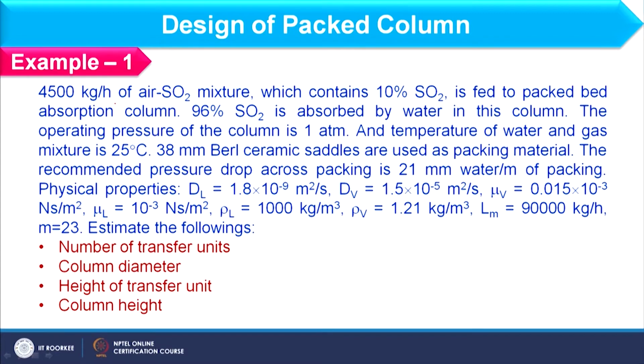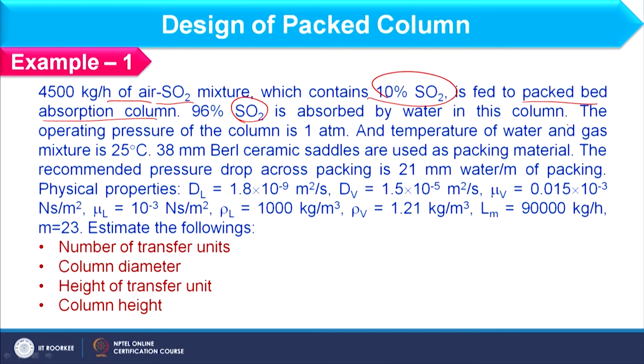In this example, 45 kg per hour of air and sulfur dioxide mixture which contains 10% SO2 is fed to the packed column, specifically an absorption column. 96% of SO2 is absorbed by the water in this column.